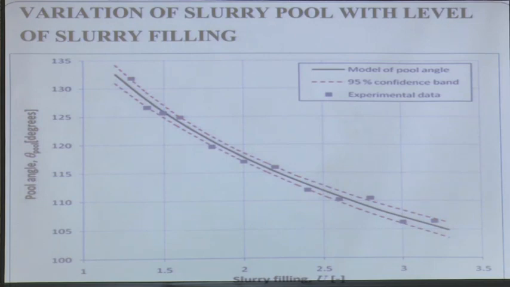Now, this is an interesting thing, the variation of the slurry pool with level of slurry filling. You can see here, slurry filling 1.5, 2, 2.5, 3. You are seeing that the pool angle is decreasing. Then why am I saying the pool is increasing? 105 degree, 135 degree.